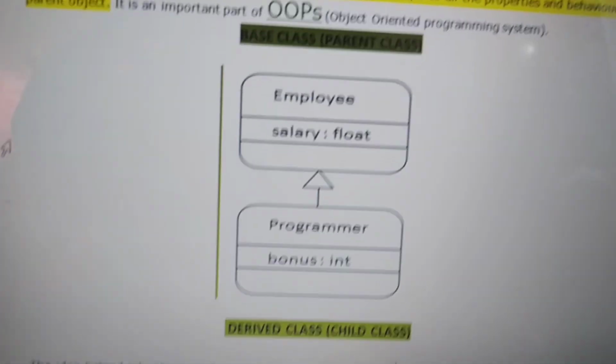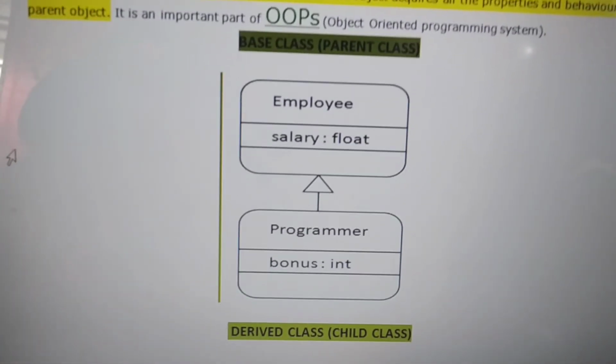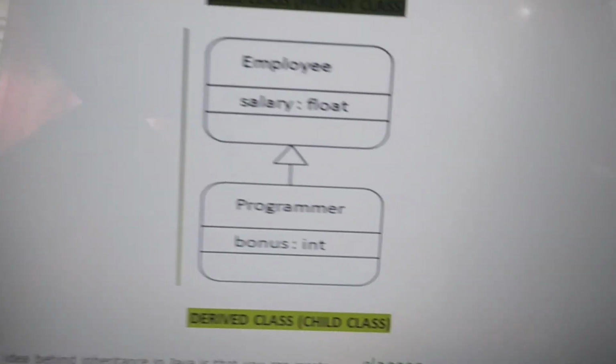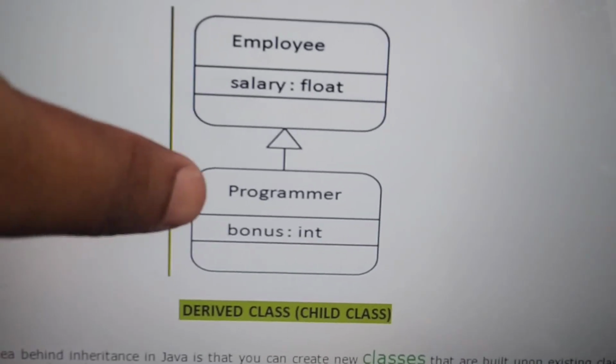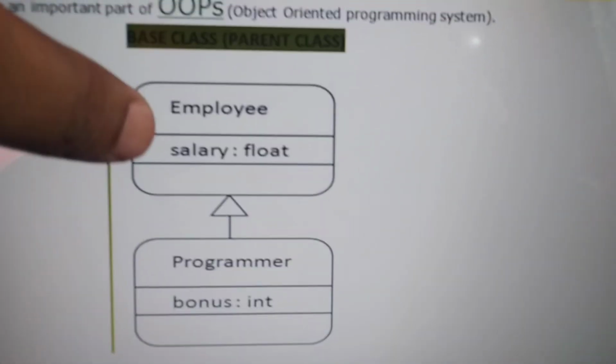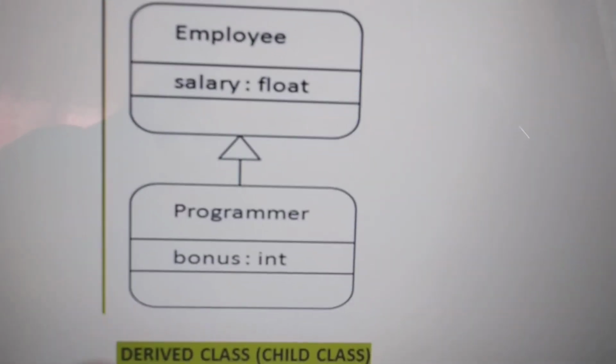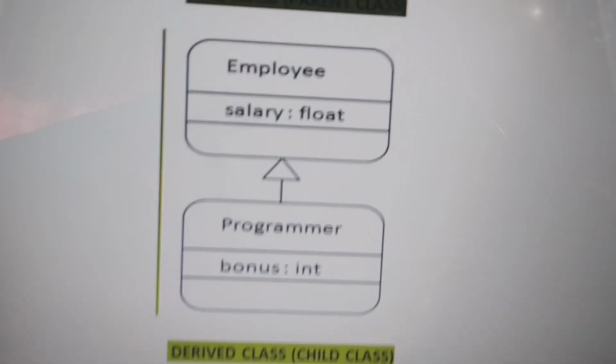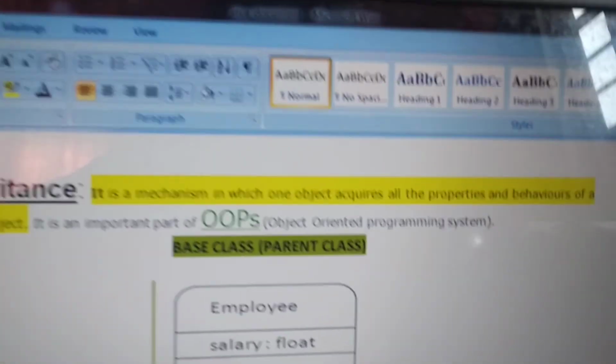From whom am I inheriting, from whom do I want to access? From Employee. Who wants to access? This Programmer. So Employee is known as the base class and Programmer is known as the derived class or child class. Clear? So now let's go to the definition.